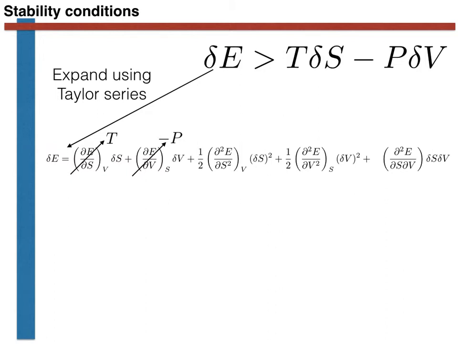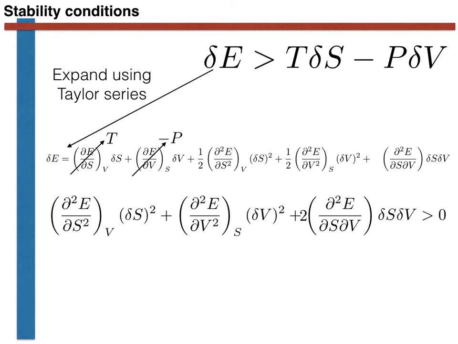If we now substitute the result shown here into the left-hand side of the inequality at the top of this slide, although this is not shown explicitly, it should be easy enough for you to see that we have a T delta S and a minus P delta V on both sides of the equation. These terms obviously can be cancelled, and we are thus left with the following inequality.